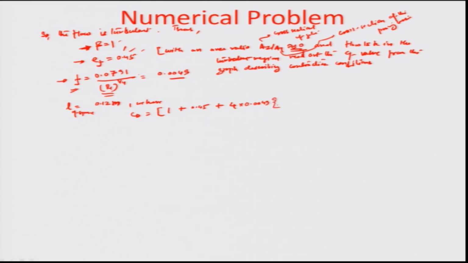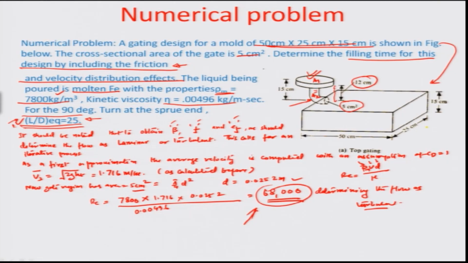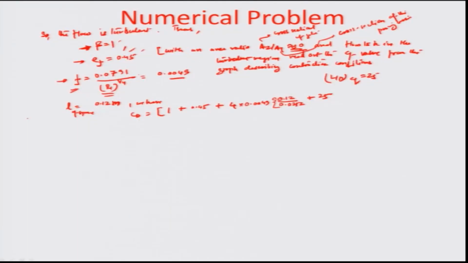So, I can write this down as the total length of the smaller side, that is the sprue, divided by the diameter of the smaller side, that is the diameter of the sprue, which is 0.0252 meters as obtained earlier. And there is a frictional loss because of bending, which has been given by this L by D equivalent of 25, as earlier illustrated in the question. So, that we add to this and compute the value of CD, and this value comes out to be 0.7.